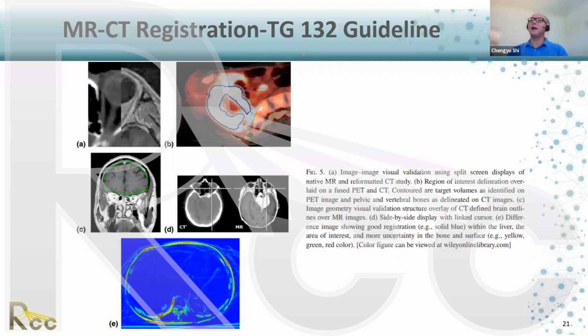So here is the AAPM Task Group 132 guideline, and it shows the MRI-CT registration. For example, for brain SRS, when I check the patient, I check not only one plane, I check multiple planes and multiple feature points. For example, you see here the alignment of the MRI and the CT. And this is a good feature, right?